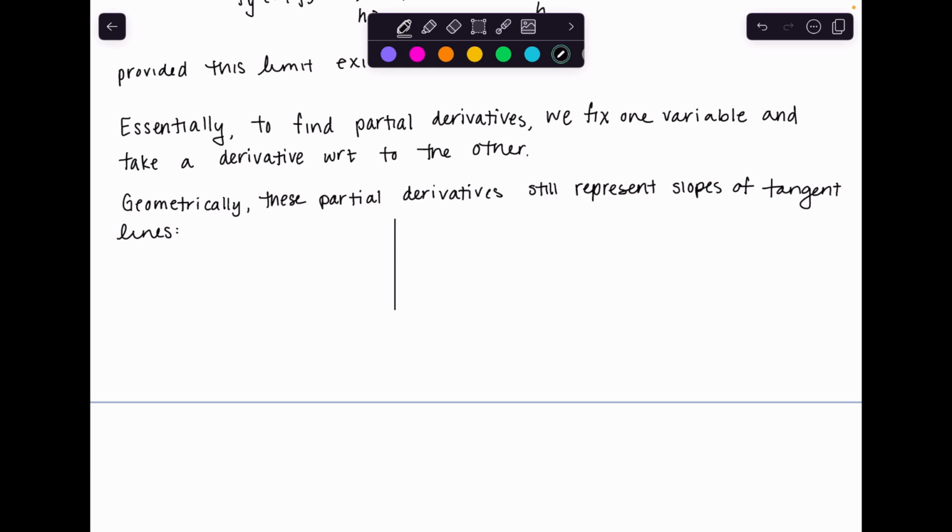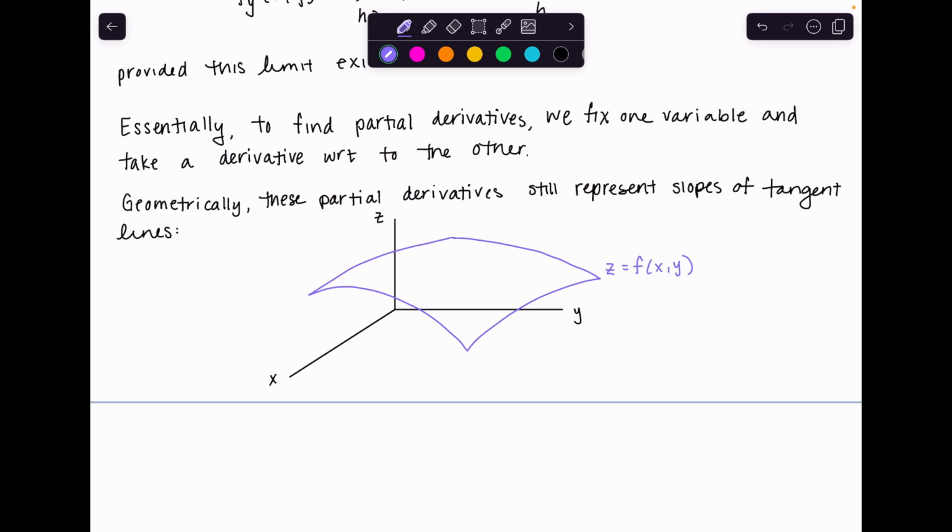So let's draw a nice little picture in 3D. Our x, our y, and our z. So suppose we have this surface. Maybe it looks something like this. Here is what our multivariable function would plot out to.